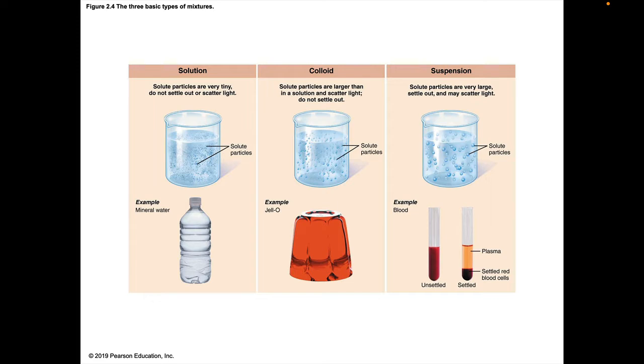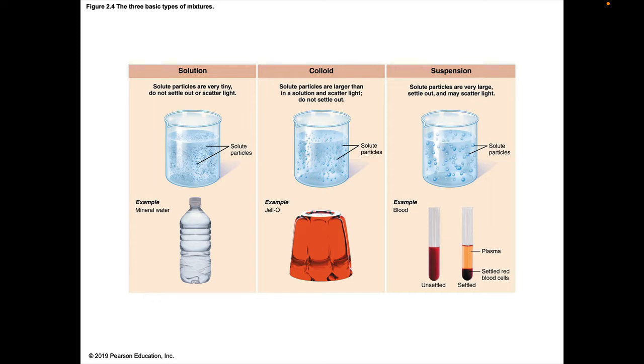And if you didn't keep mixing it, it would settle to the bottom. So in a suspension, you've got large components, they can settle out, and it's hard to shine a light through a lot of suspensions because they scatter light. An example of a suspension in our body is blood. So cells, like red blood cells and white blood cells, they will settle to the bottom if left without mixing.